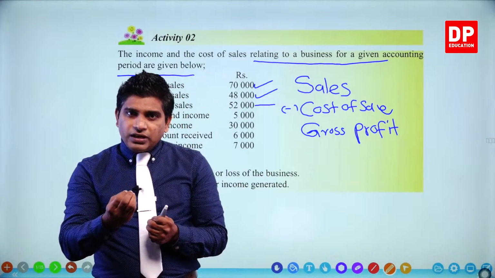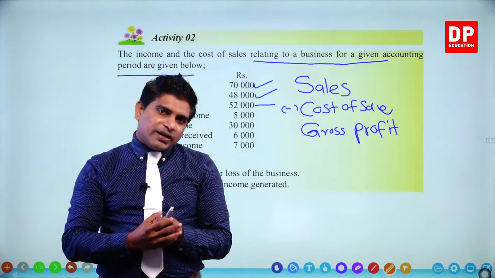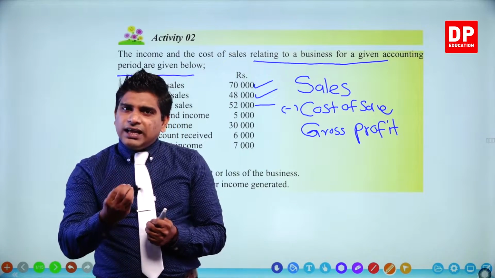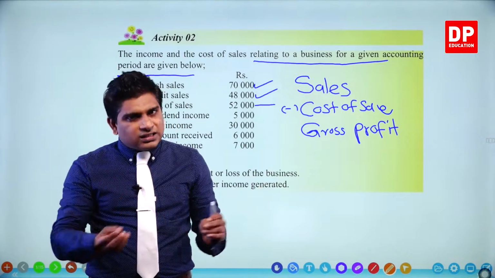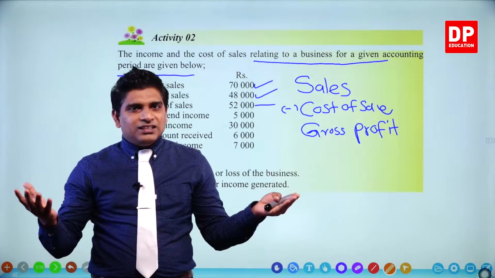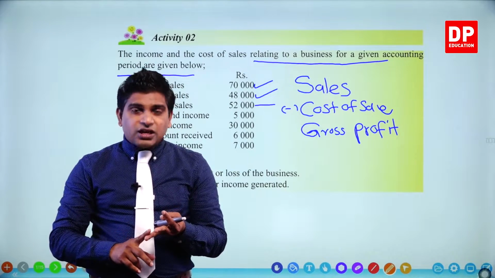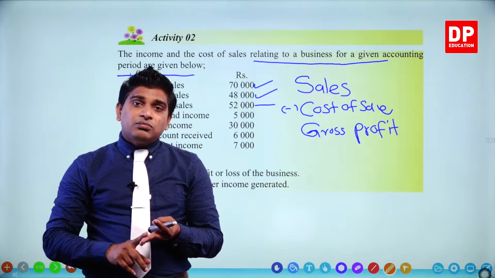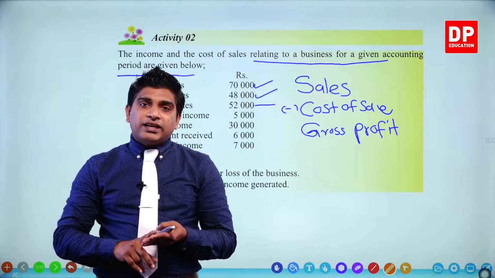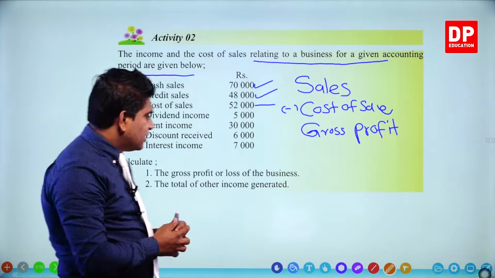After the gross profit, the next place is the other income place. The place is under the gross profit. Dividends income, interest income, commission income, rent income, like that. All other income we have to write under the gross profit, right?